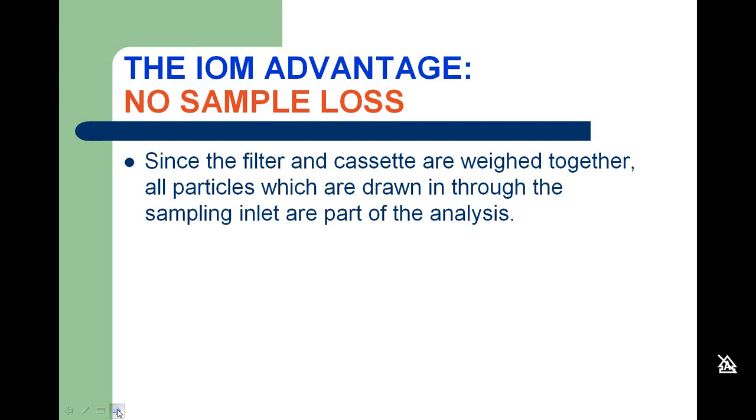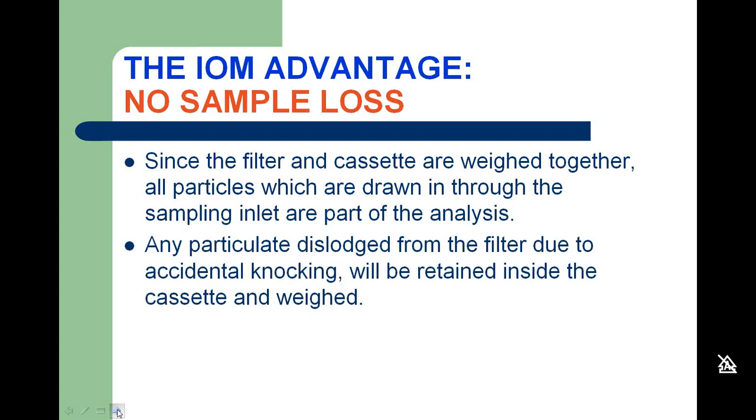The IOM offers users the advantage of no sample loss. Since the filter and cassette are weighed together, all particles which enter through the sampling inlet are part of the analysis. Any particulate dislodged from the filter will be retained inside the cassette and weighed.